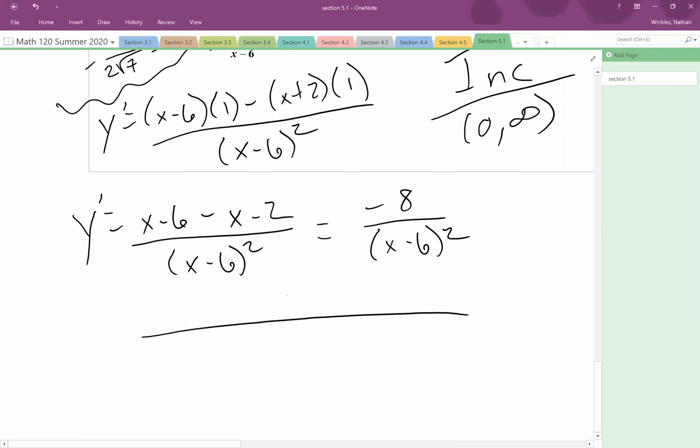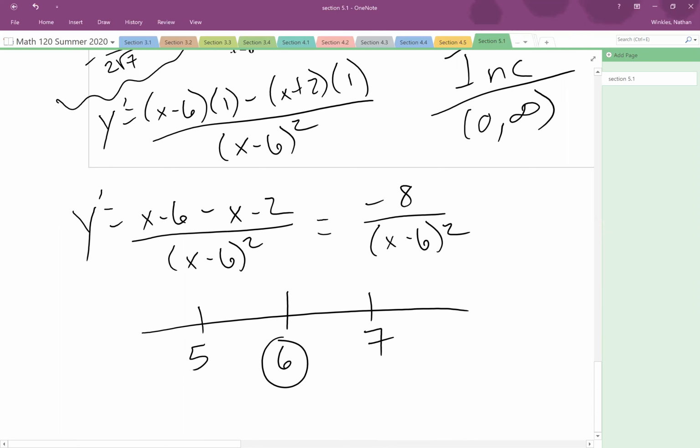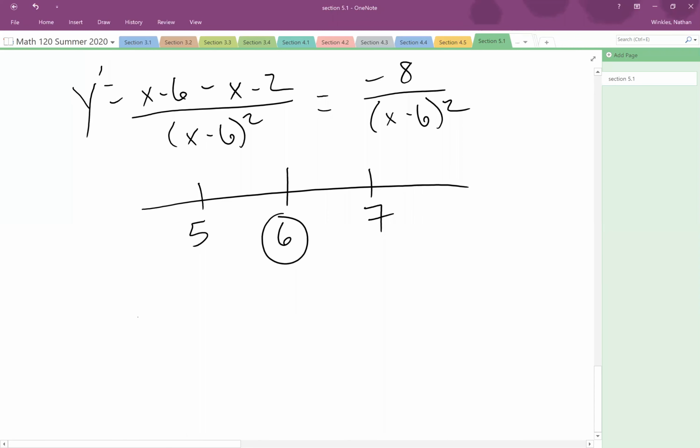So my critical number is only at 6. So when I plug in 7 and 5 into the derivative, -8 over 5 minus 6 all squared is -8 over -1 squared, which is -8.